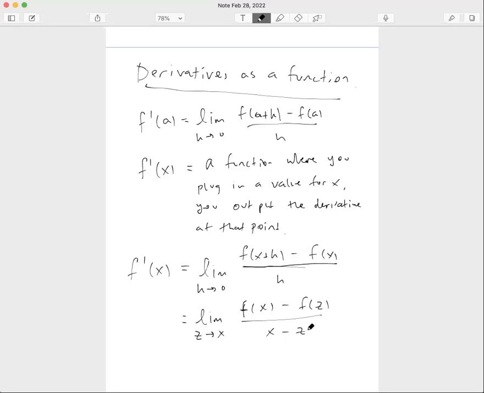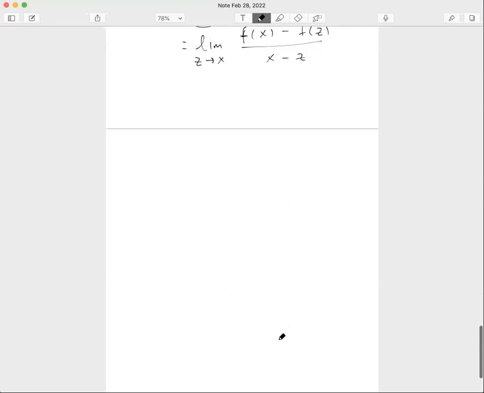So you can still use either definition, but for a lot of our functions, we'll be using this one more often. But at a point, sometimes the average rate of change definition is preferable. So let's do an example.